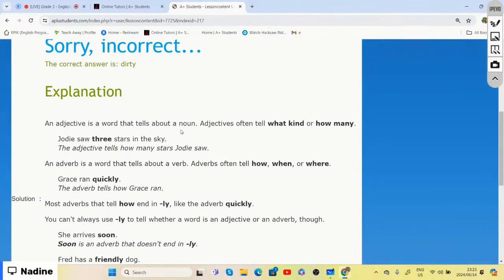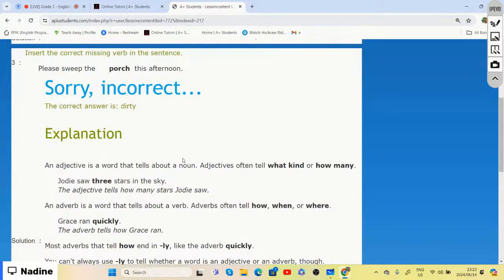All right, so we are now going to insert the correct missing word within the sentence.